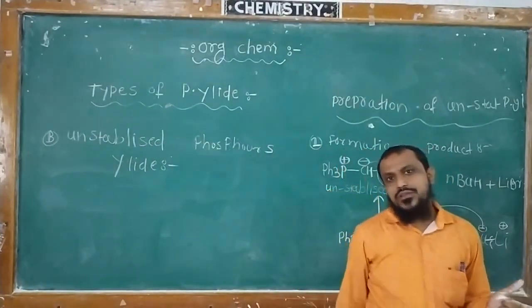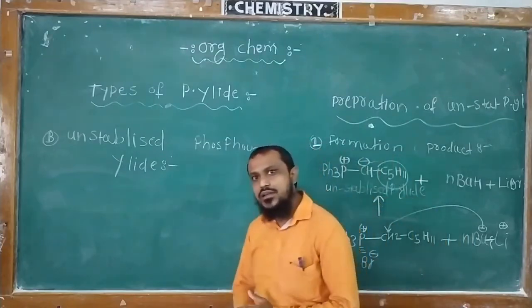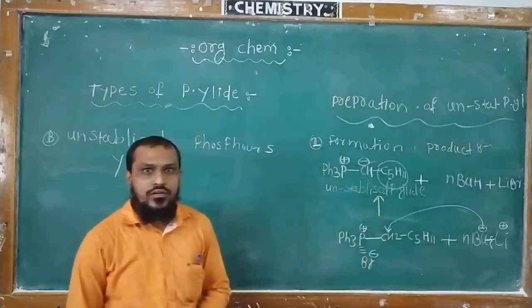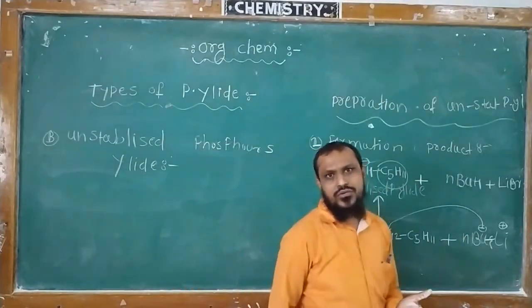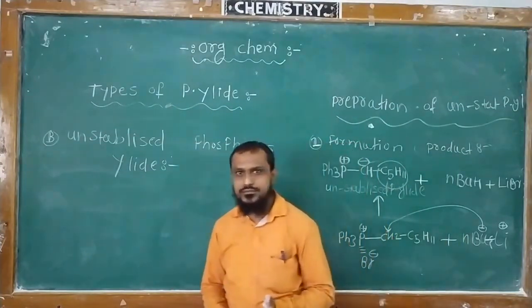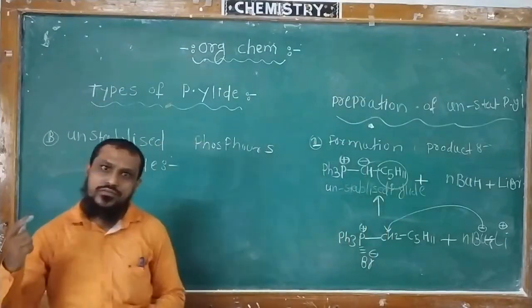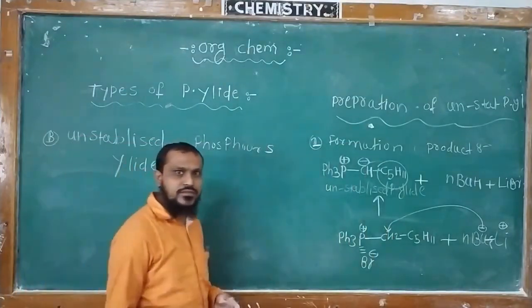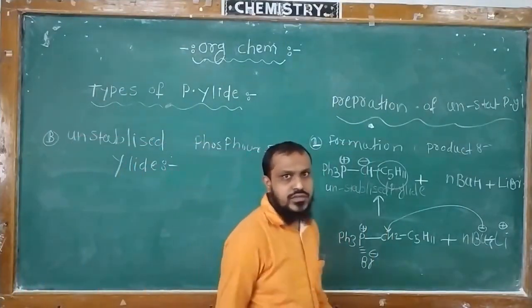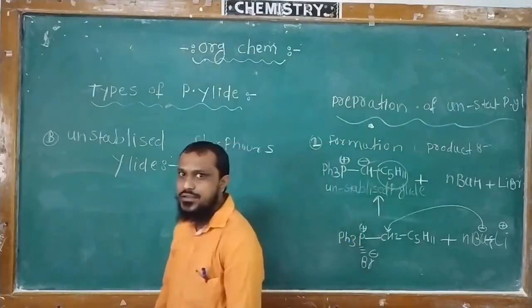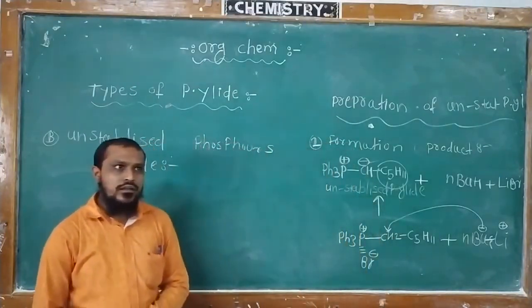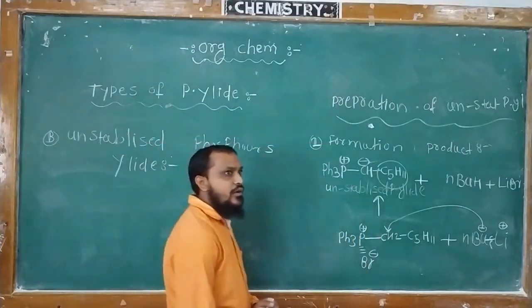In the preparation of unstabilized phosphorus ylide, we can use different types of electron donating group, and in the preparation of stabilized phosphorus ylide, we can also use different types of electron withdrawing group. Lastly, I am telling you one point.